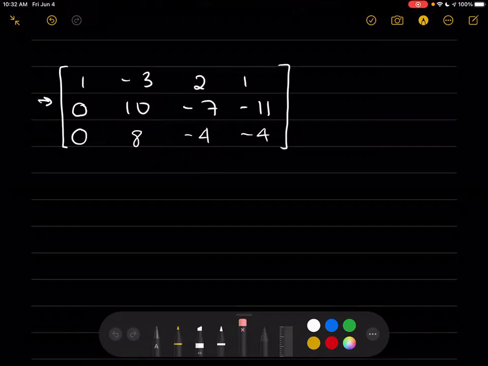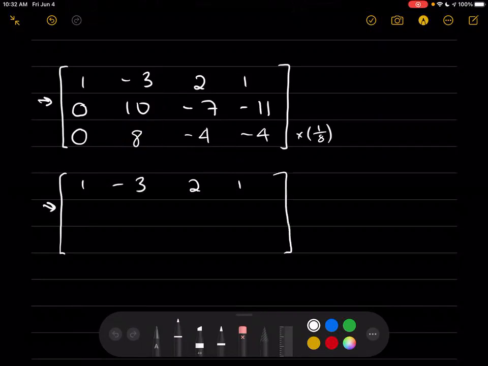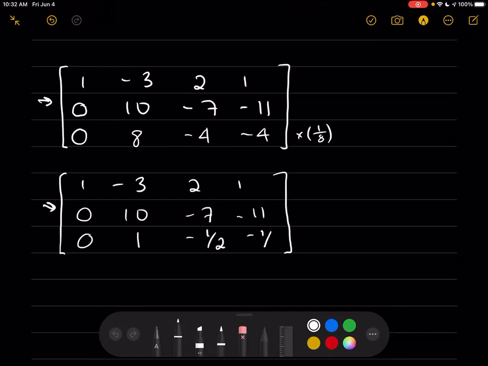So I'll divide this row by 8, multiply by 1/8. So we get 1, -3, 2, 1, and 0, 10, -7, -11. 8 divided by 8 is 1, and then we get -4/8, which is -1/2 in each of these entries.